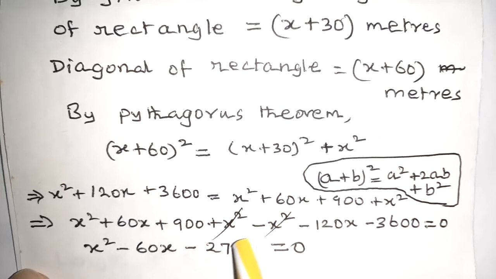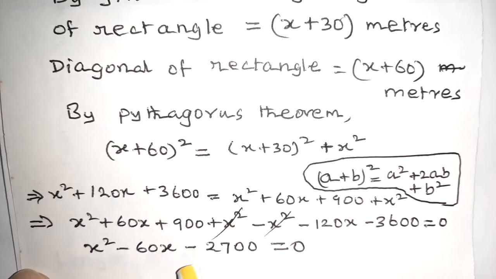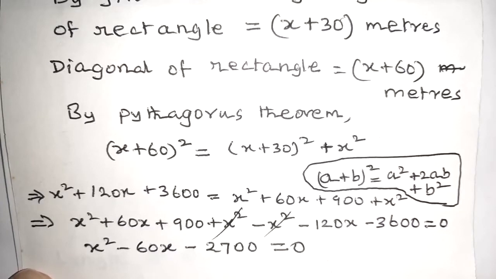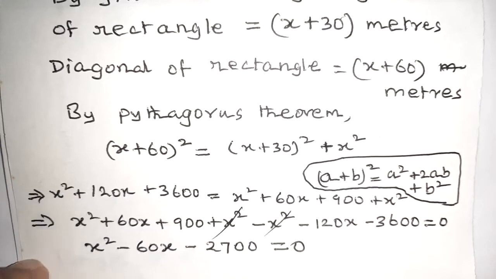Now, after simplification of this, we get a quadratic equation x square minus 60x minus 2700 equal to 0. This quadratic equation can be solved by factorization method or quadratic formula method or completing the square method. We can use any one of the methods.